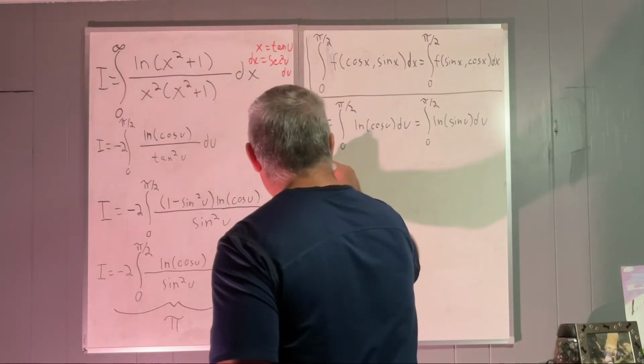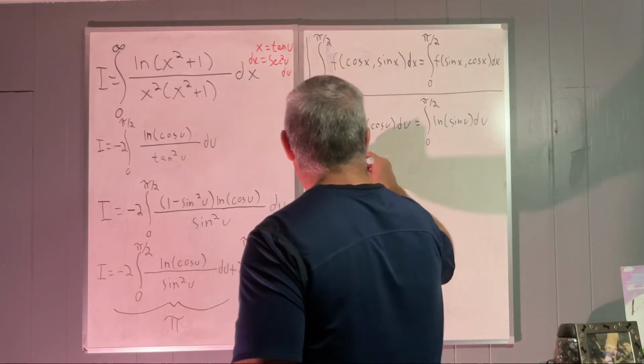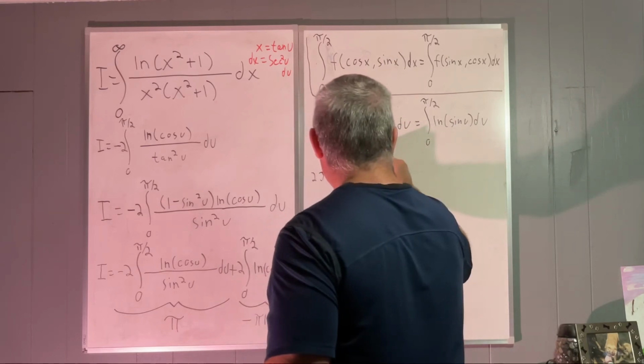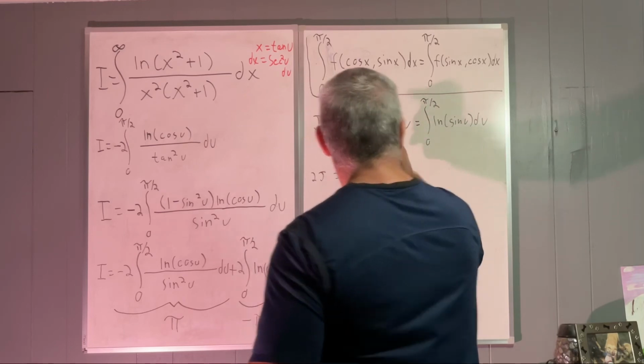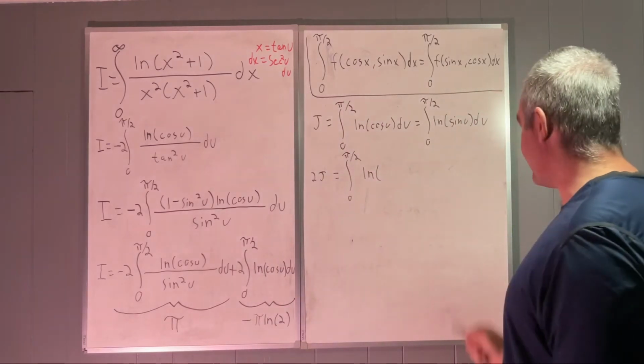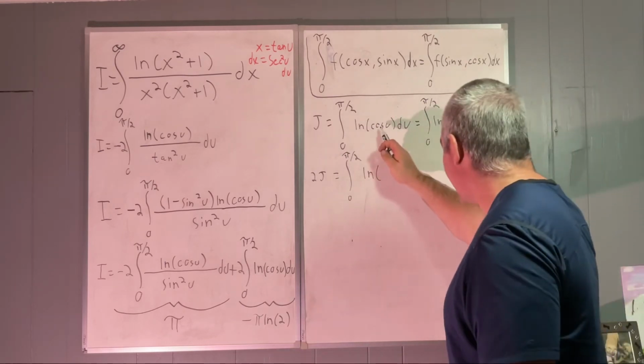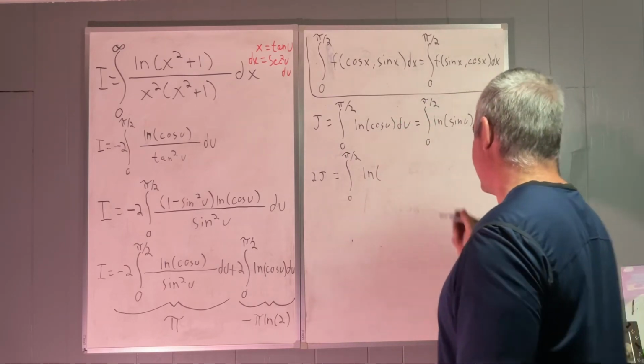So we have that 2j is equal to the integral from 0 to pi over 2 of the natural log of this plus this. Using the properties of logarithms, we can just say that that is one natural log of that times that.